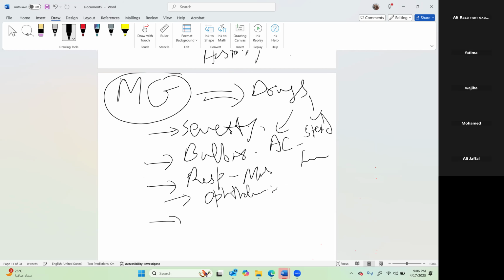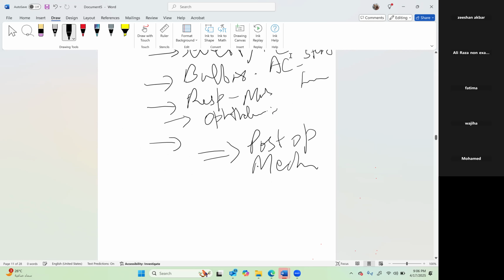And then disease duration and any other pulmonary risk factor. If any of these are there, you are expecting post-op mechanical ventilation. Okay, Professor. With reference to appendicectomy, what would you like to ask?